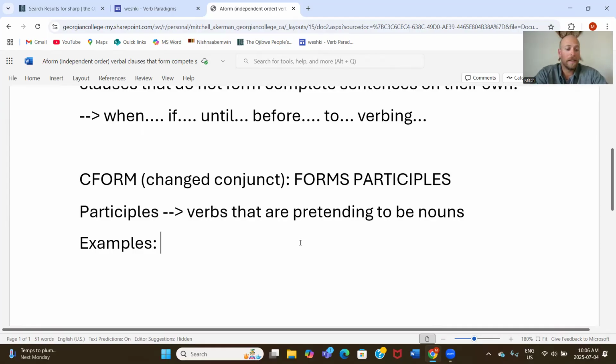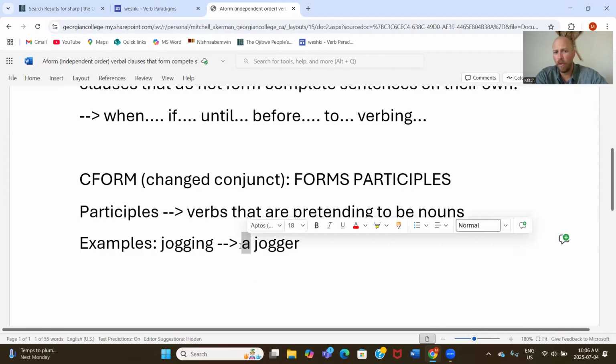Okay. Like, I think there's the verb jogging, and I can take jogging and turn it into a jogger. And because I can say a jogger or the jogger, that means I'm using it like a noun, right? Nouns have a house, the cat, like that's a noun.